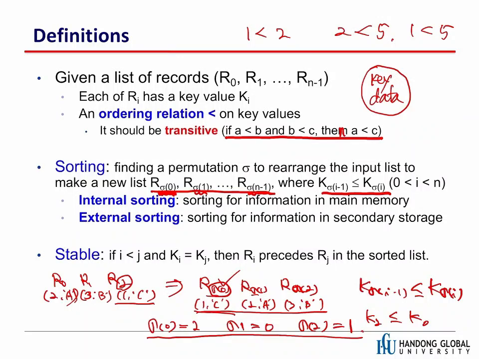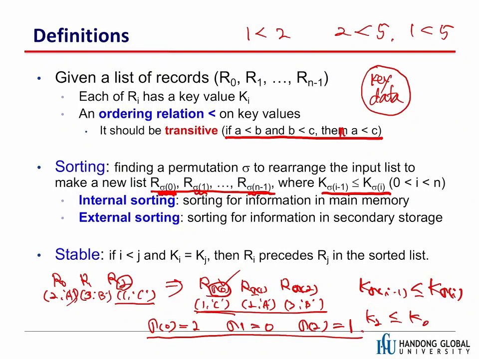There are 2 different approaches. The first one is internal sorting and the second one is external sorting. As the terminology says, internal sorting means we sort all the elements in the main memory.